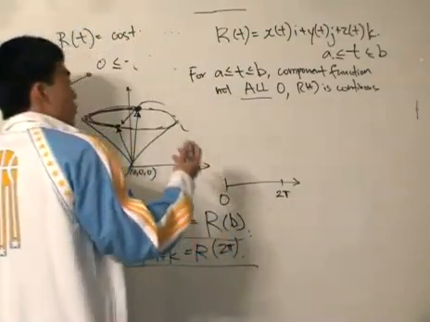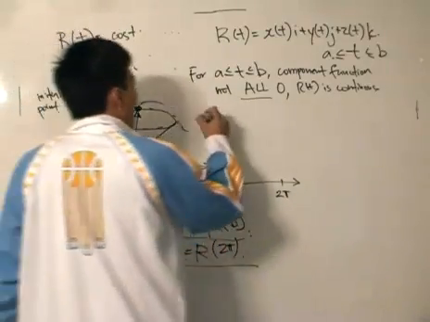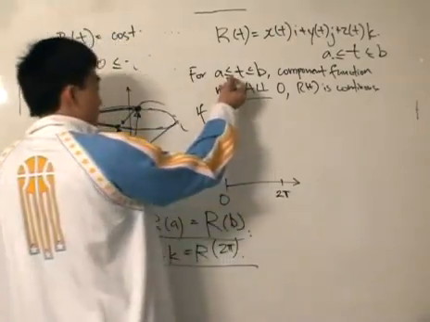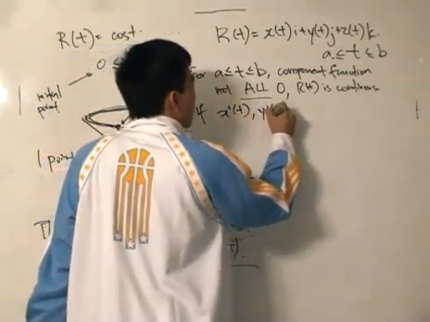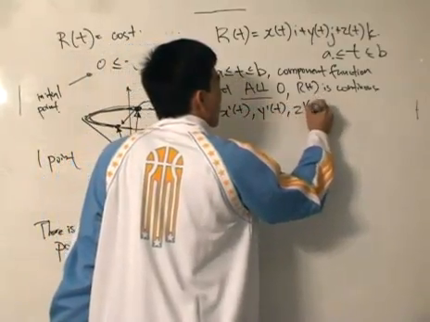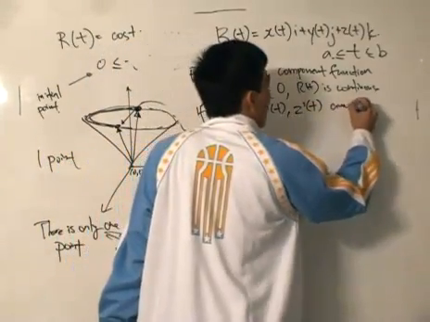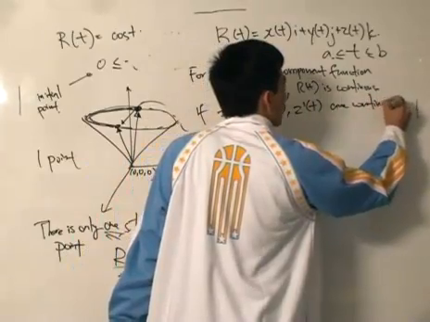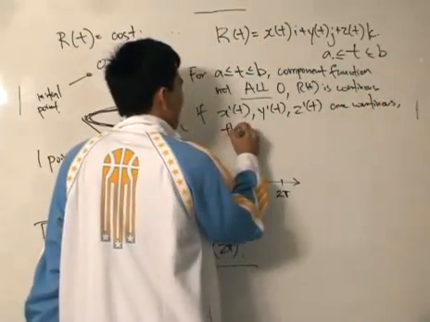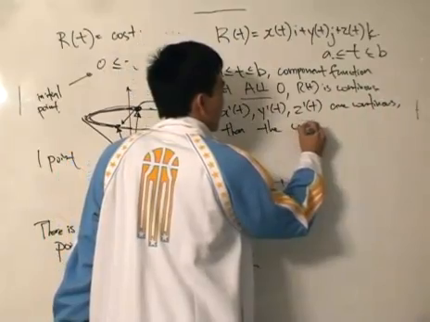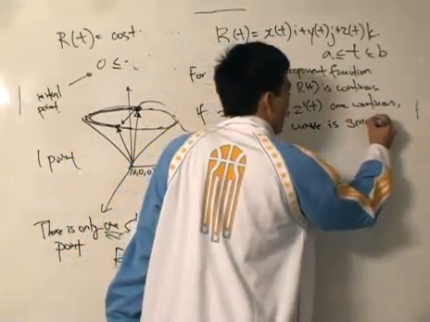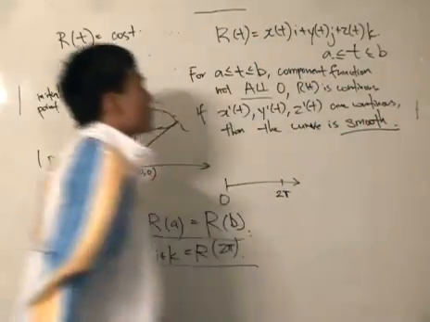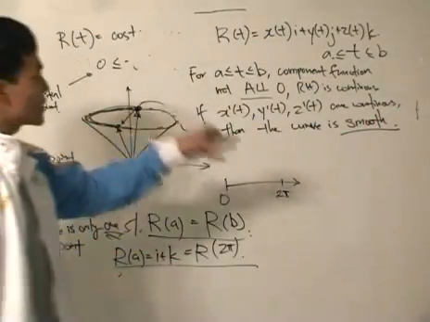And then we would also say that in the same range, if the first derivatives of the component functions are continuous, then the curve is smooth. Another term that we must be very familiar with is whether the curve is smooth.